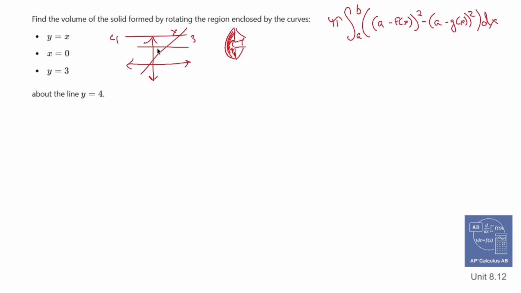Now, according to this picture that I have, this is my enclosed region and I'm spinning it around 4. My upper equation is going to be the 3, so you would be my f of x. My lower equation is going to be my x, so you would be g of x, right? I'm shutting you off at 0.